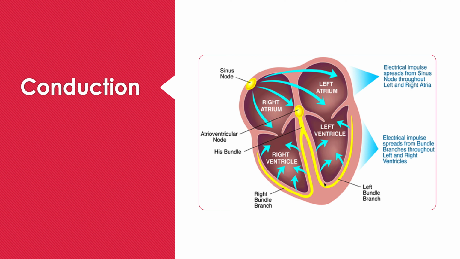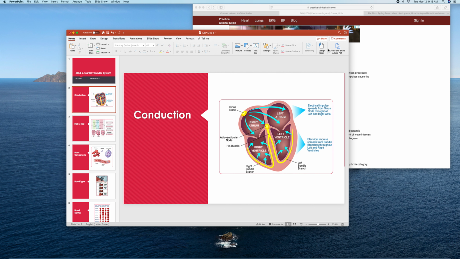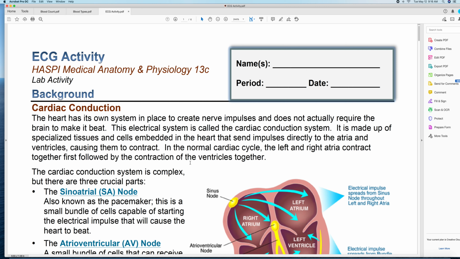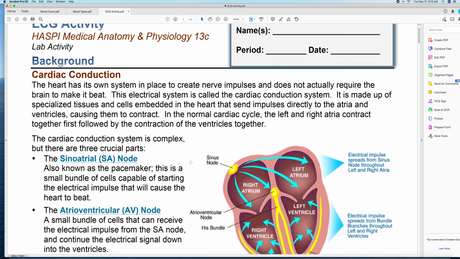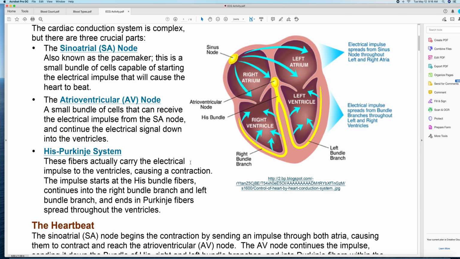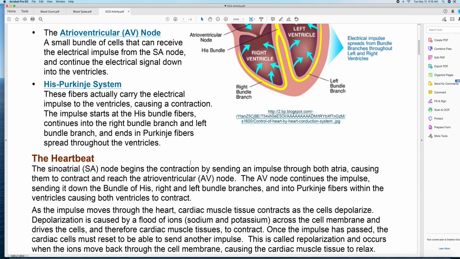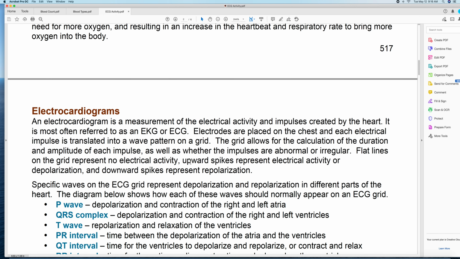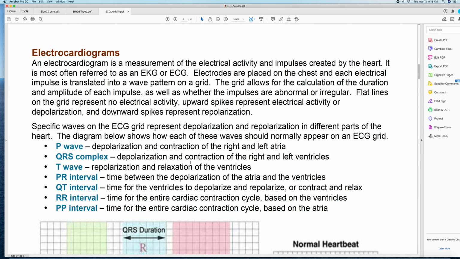What I would like for you to do in regards to conduction is, let me find this document here. You're going to read this cardiac conduction PDF here. This is what we would have done in class. Because conduction is electrical, it can be picked up on an electrocardiogram.